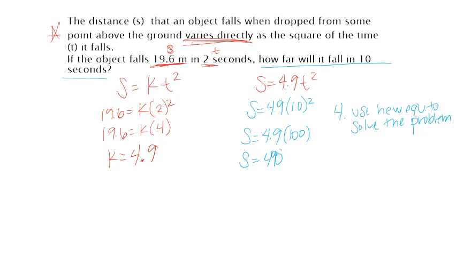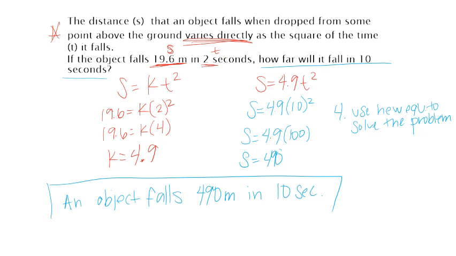So I would say an object falls 490 meters in 10 seconds. That would be a complete answer here. It doesn't need to be anything too crazy as far as your context sentence. You just need to do something with it.